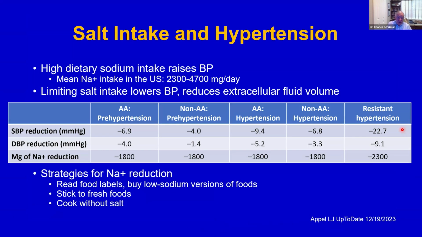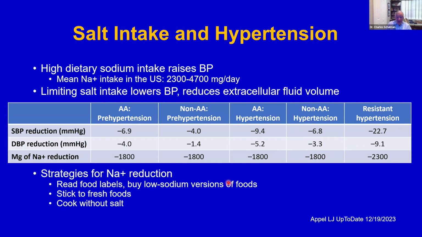Now, one of the important considerations in treating blood pressure is salt intake. High dietary sodium intake raises blood pressure, and the mean sodium intake in the United States, when it's been measured, ranges between 2,300 and 4,700 milligrams per day, and 4,700 milligrams is a lot of salt. Limiting salt intake lowers blood pressure and reduces extracellular fluid volume.